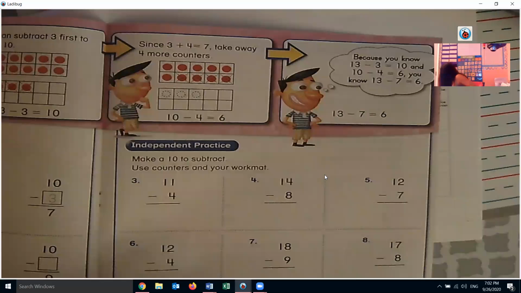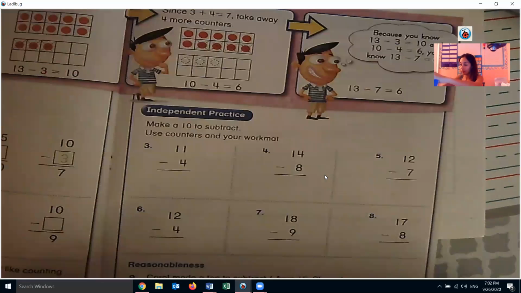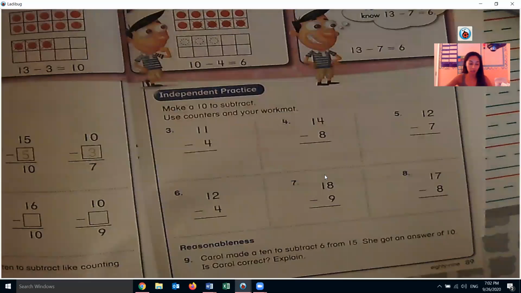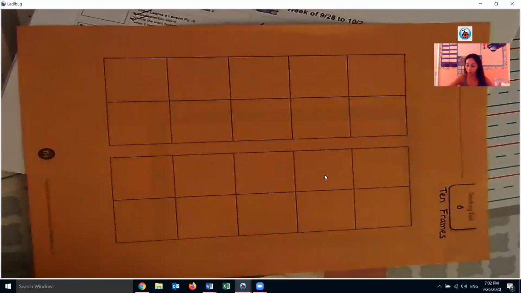Let me put it in to show you. I'll just do 3 through 8 in this way, and then we'll do the other ones. I'll just show you my 10 frame, and then we'll go through.